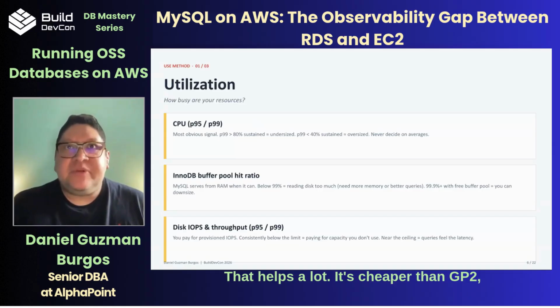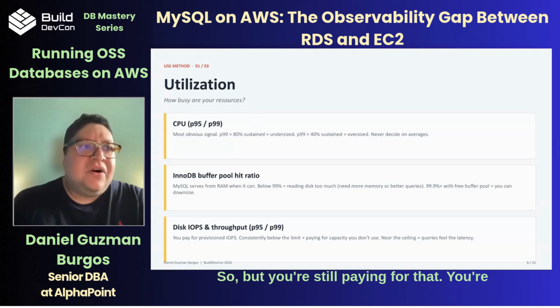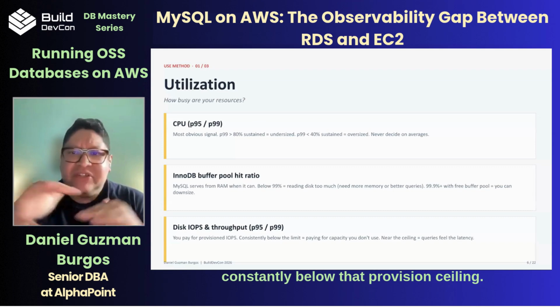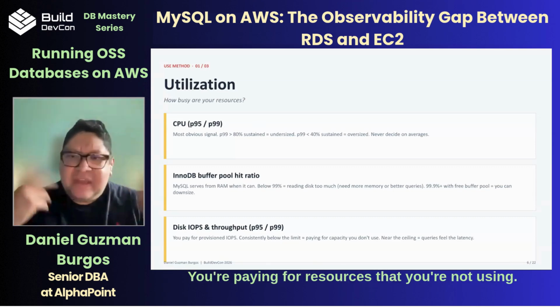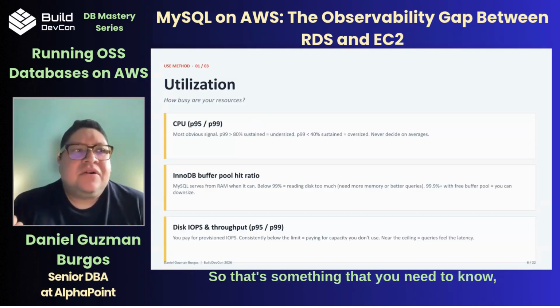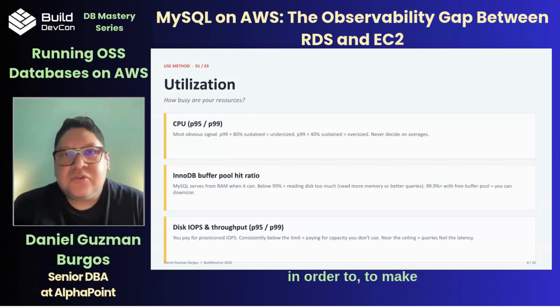It's cheaper than GP2, and it's also way cheaper than IO1. But you're still paying for that. If you're constantly below that provisioned ceiling, you're paying for resources that you're not using, right? So that's something that you need to know in order to make your calculation on cost.